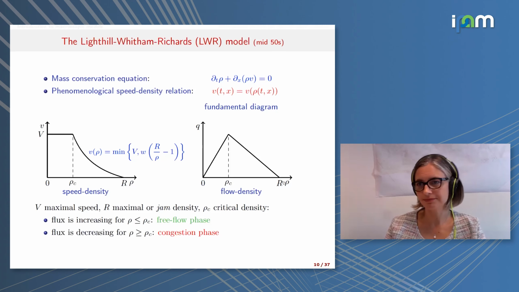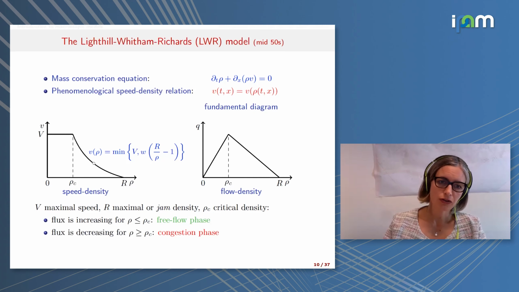A more realistic fundamental diagram is instead preferred by engineers. That is the triangular fundamental diagram that works quite well to describe the main features of traffic, and this corresponds to this type of velocity.